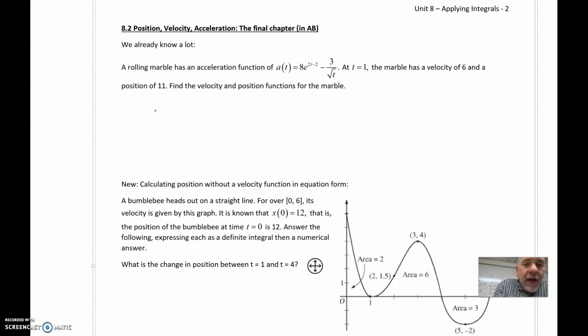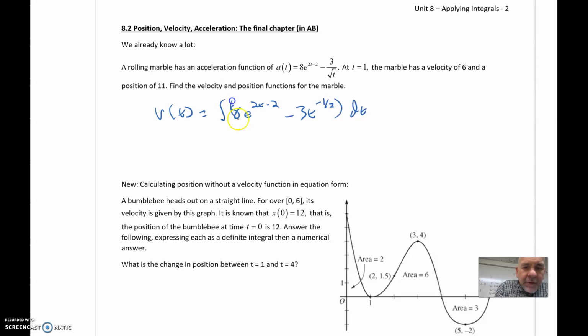Okay, I'm going to do it. So v of t is just the antiderivative of that thing. So it's just going to be the integral of 8e^(2t-2) minus 3t^(-1/2) dt. e to the something is e to the something, but I need to have the constant there.